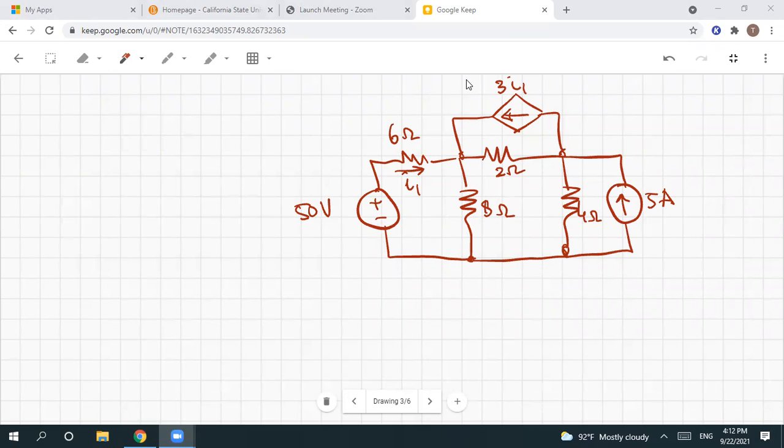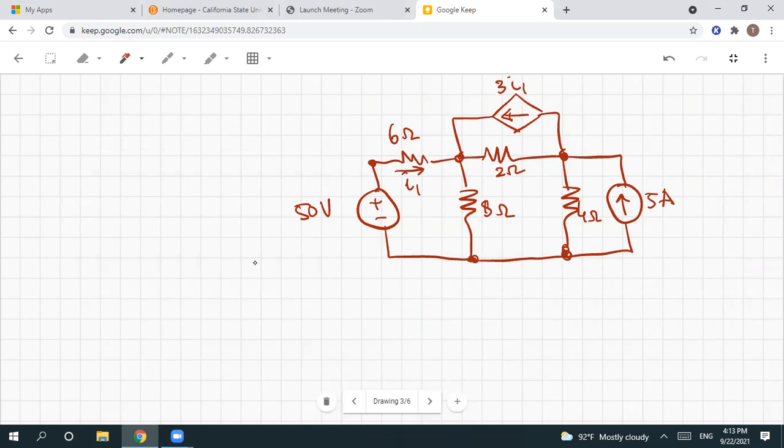Okay, so we need to solve this problem. So again, my question, how many nodes in this circuit? Four. So we have one here, this is 2, this is 3, and the lower one is 4. Right, thank you.